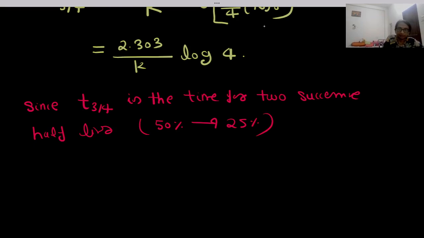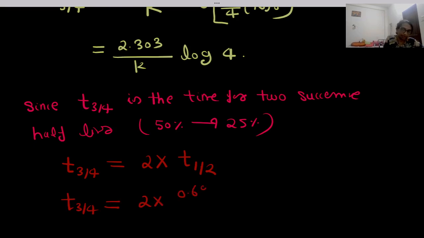Now write the formula: t 3/4 is equal to 2 into t half, that is 2 into 0.693 upon K.